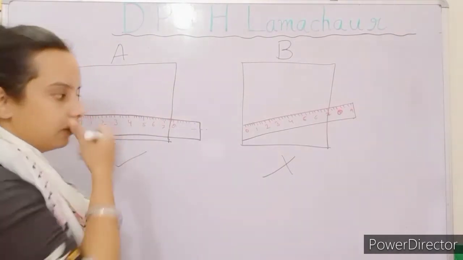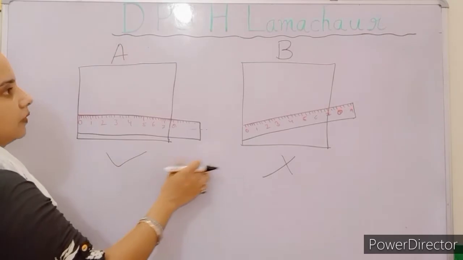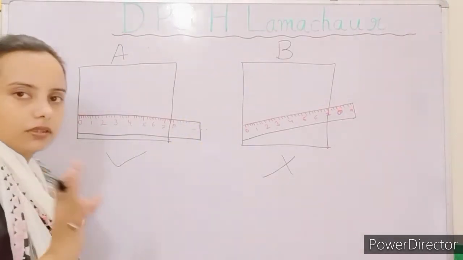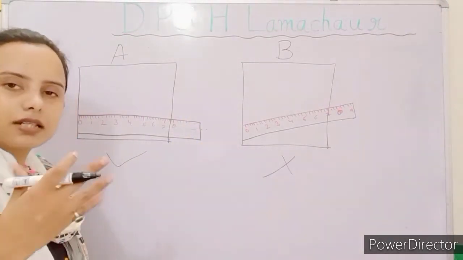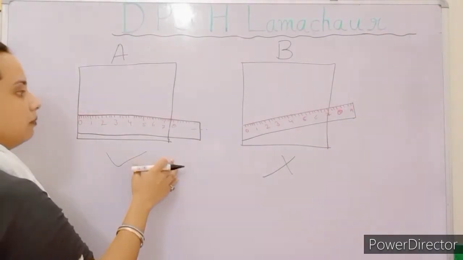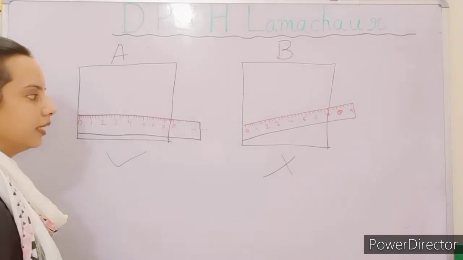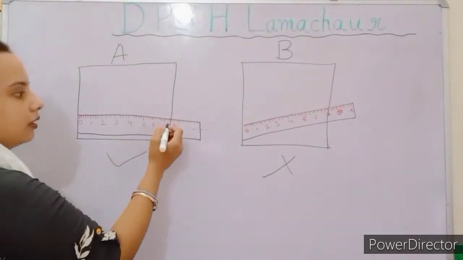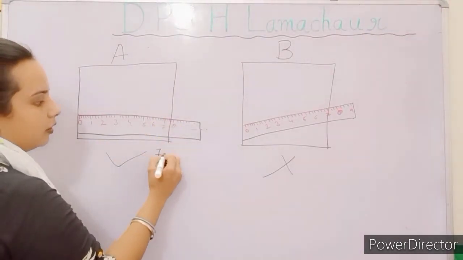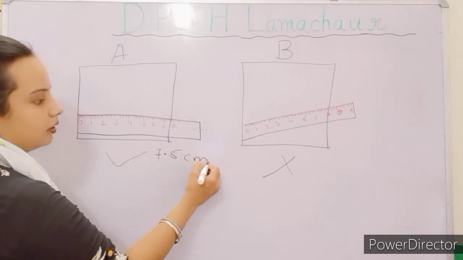reading. Okay, for example, this is a box and these two are of same length. Let's assume that these are of same length, and for one box, when we arrange the scale straight, the length is 7.5 centimeter.